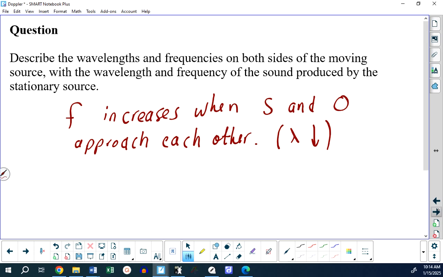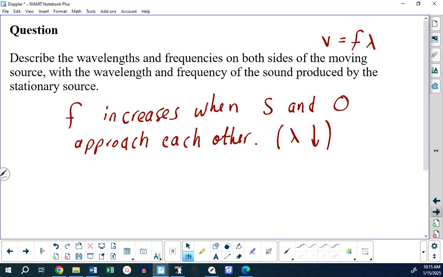Why? Because the universal wave equation says V equals F lambda. And the wave travels at whatever speed the temperature of the air gives it. It's the medium that determines the speed. So if the frequency perceived increases, then the wavelength observed must be less. We don't like to talk about the wavelength, though, because it's frequency that we experience.